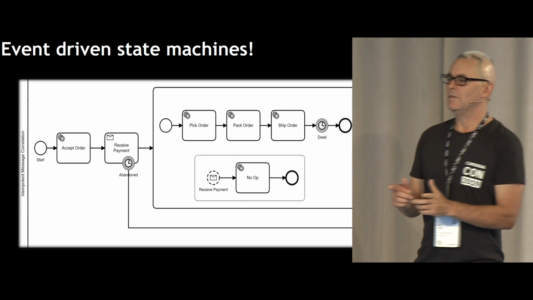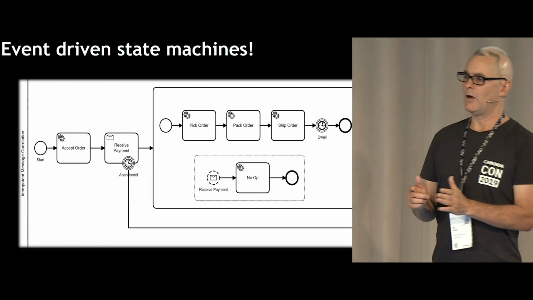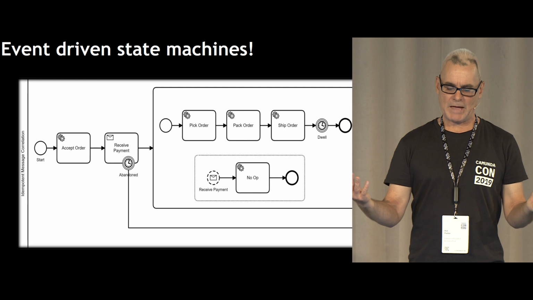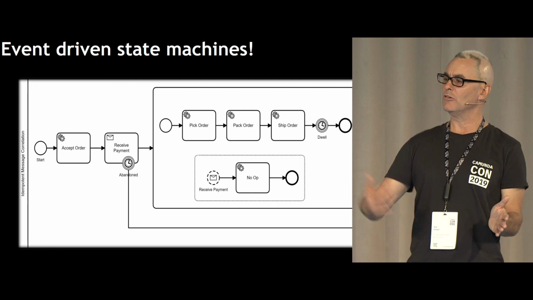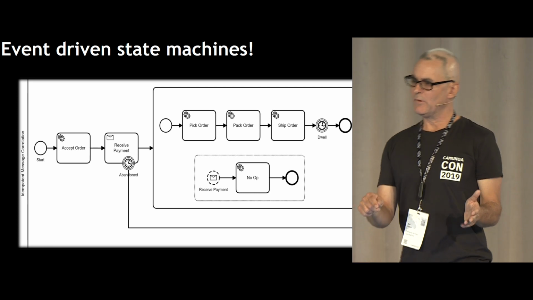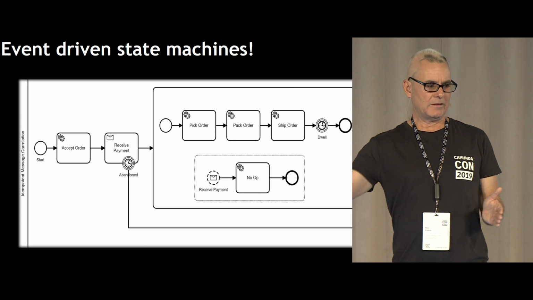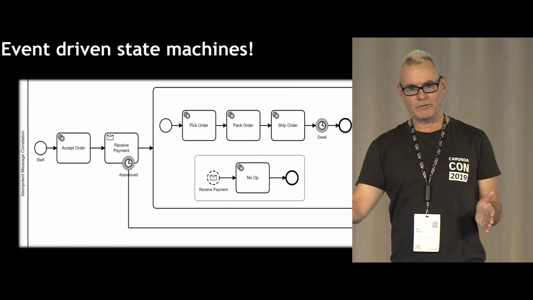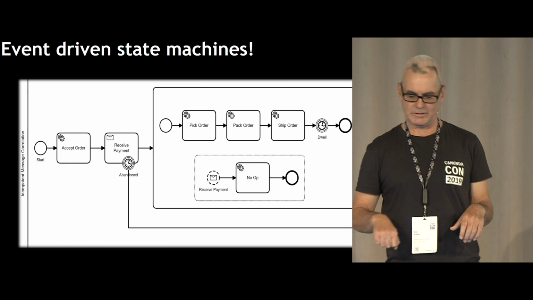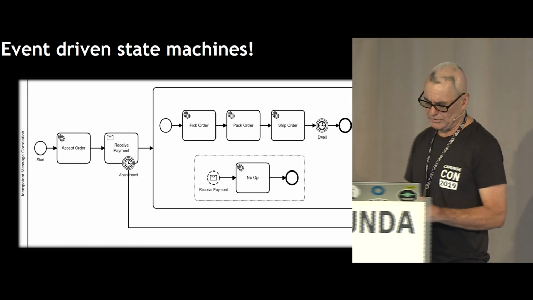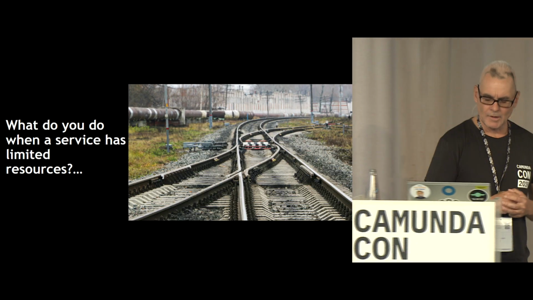But you have to be careful with this, because if you're relying on analytics for determining how long your processes take, remember that this dwell is going to make the end time look longer than it really is, okay? So just be aware of that. But that's one way of achieving idempotent message correlation.